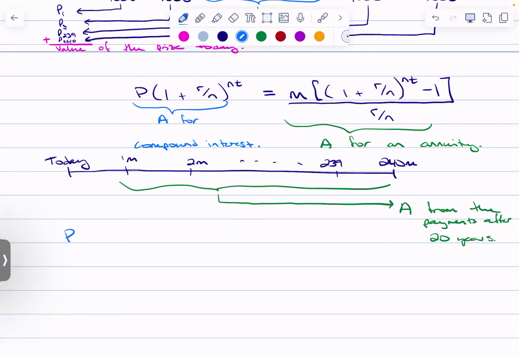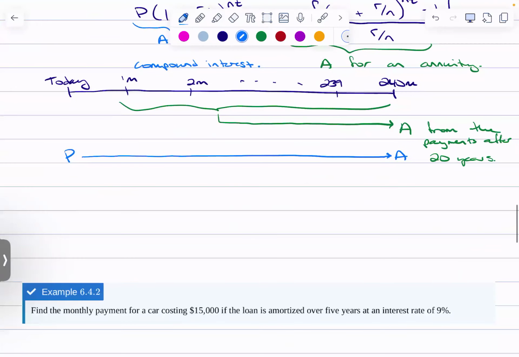And if these payments and this P are meant to represent the same amount, then it should grow to some amount just from compound interest. For 20 years.